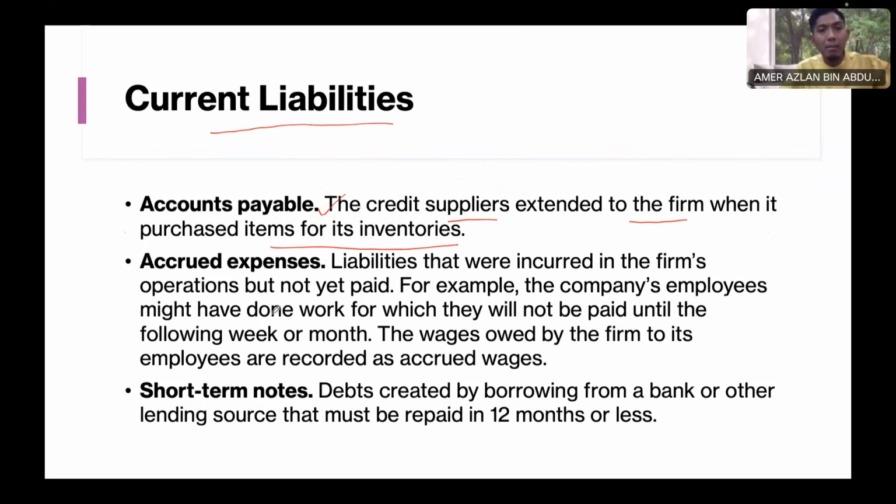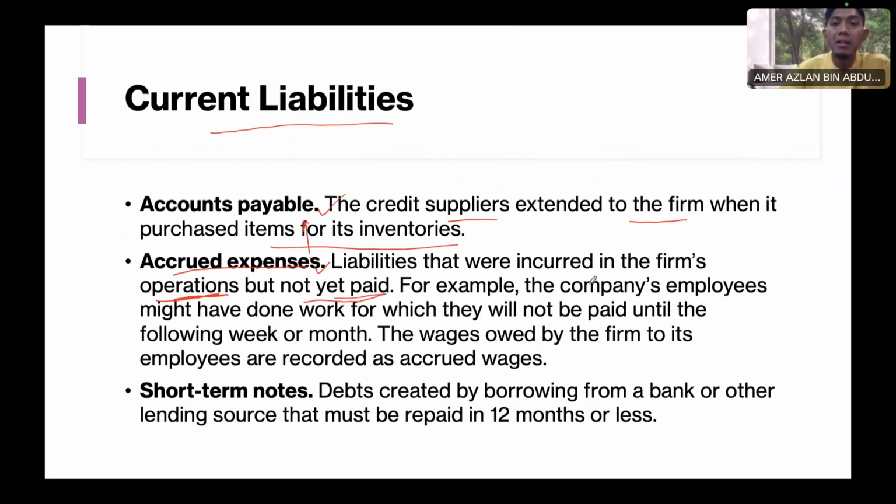Meanwhile, another type of current liability is accrued expenses. Similar like accounts payable, but they are not the same. Accrued expenses incurred mostly within the company's operations, but not yet paid. Similar with accounts payable, but this is more on operation.